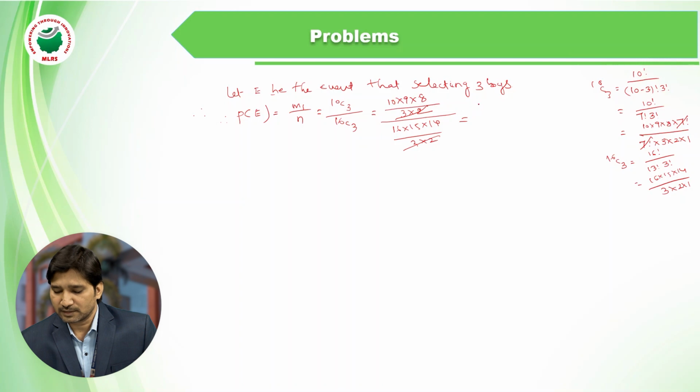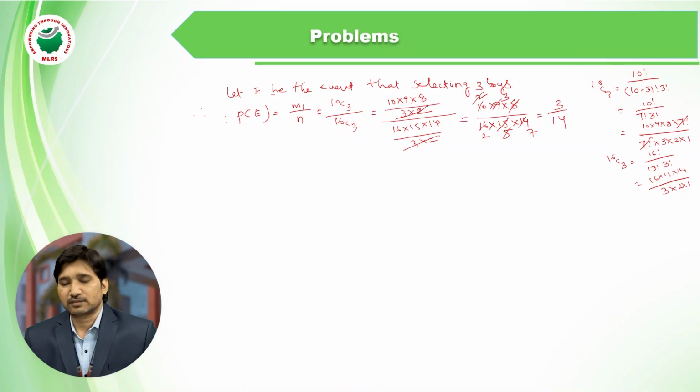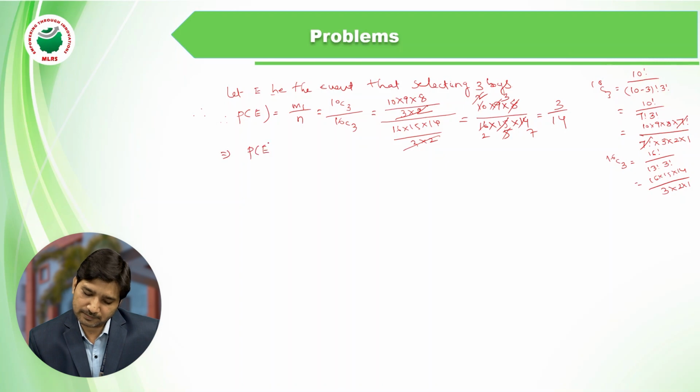Finally you get 10 into 9 into 8 divided by 16 into 15 into 14. After simplifying, the probability P of E is 3 by 14. That is the first one.